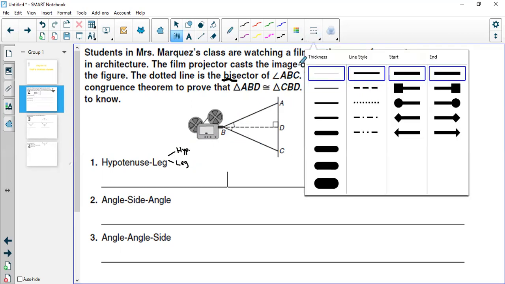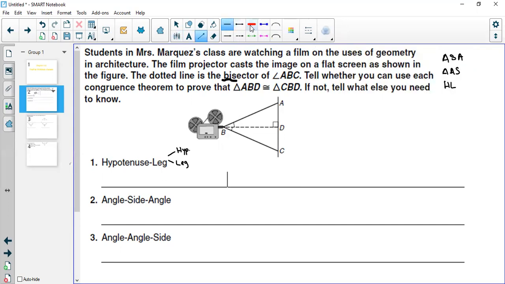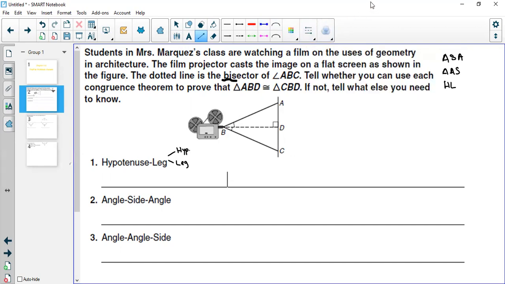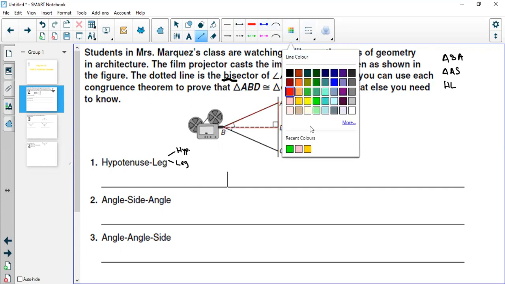Now to make it clear, let me just draw around the figure so that you will not be confused. So they're talking about triangle ABC. Should I make it a bit thicker? This is triangle ABC, and let me draw another one with another color.